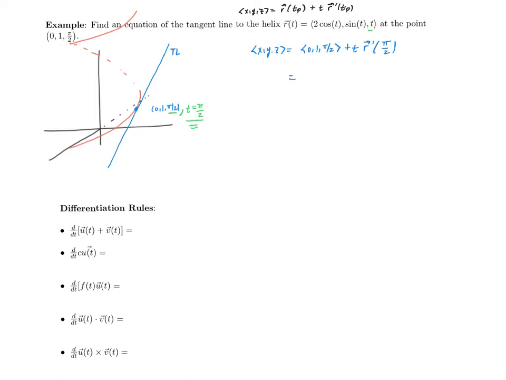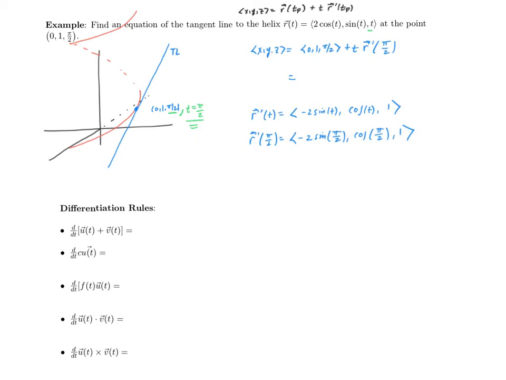And I'm going to leave a little bit of space, and just below, let's figure out the value of this derivative. We differentiate a vector valued function term by term. The derivative of a cosine is minus sine. The derivative of sine is cosine. And the derivative of t is 1. So r prime of pi over 2 is equal to minus 2 sine of pi over 2, cosine of pi over 2, and 1. And something I will ask you to do, and hopefully remind you of frequently, is that we should always evaluate functions at common values.